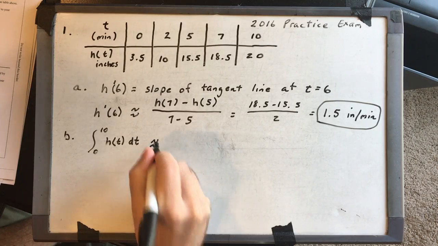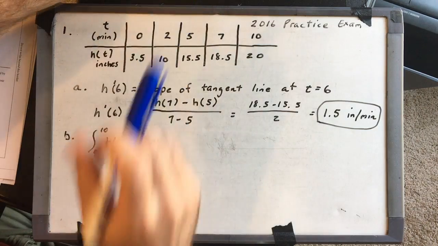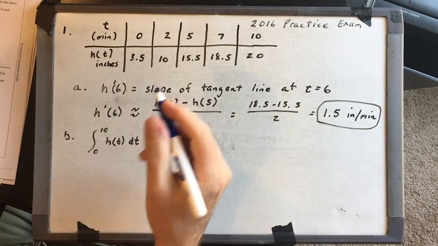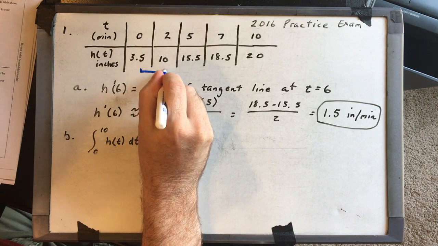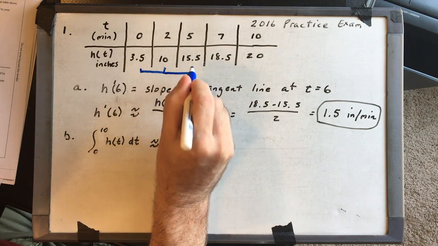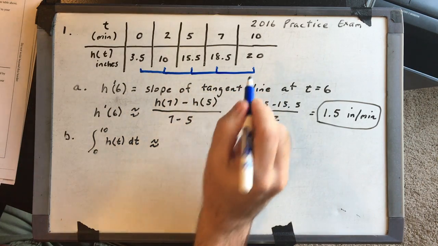This is an estimate, so it would be approximately equal to, I'm going to draw out our rectangles. A Riemann sum is going to be rectangles, not trapezoids. So there's a rectangle, there's a rectangle, there's a rectangle, and there's a rectangle.